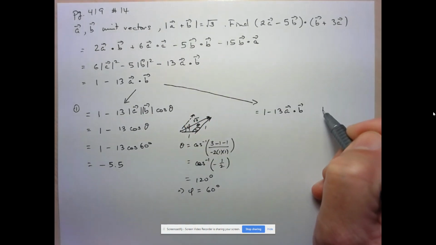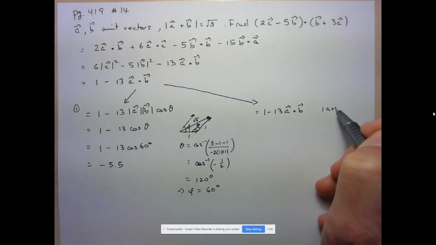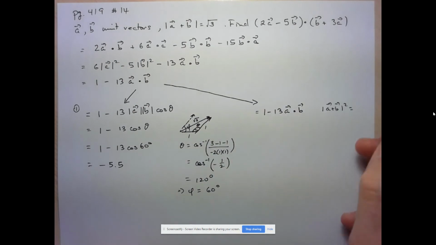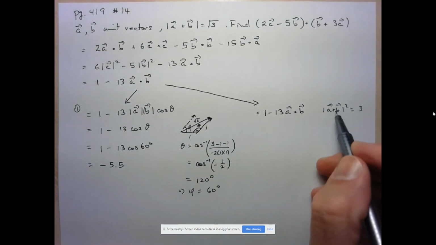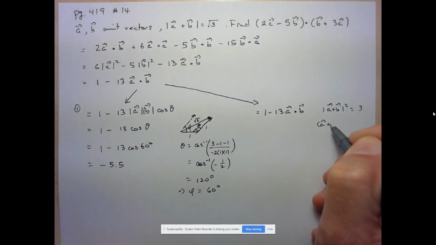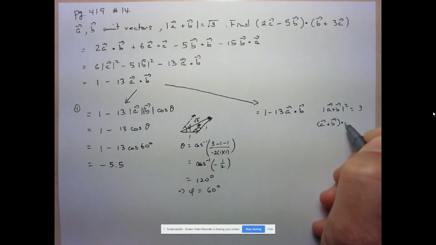So that means that the magnitude of A plus B squared is equal to, well, root 3 squared is just 3. So I can now turn this into a dot product. It's just A plus B dotted with itself.